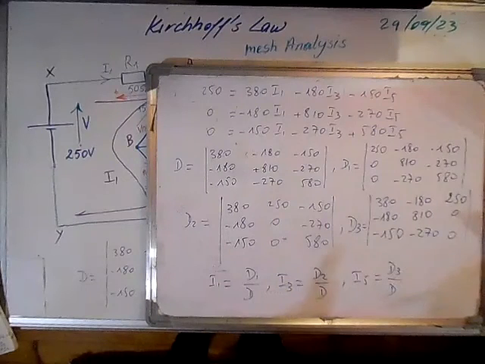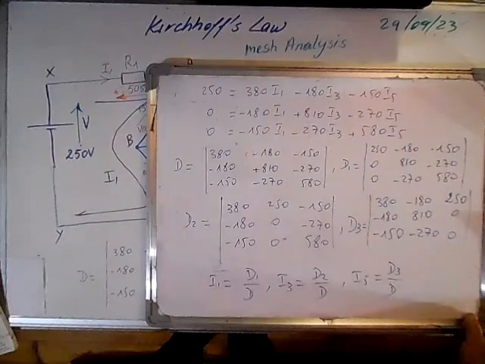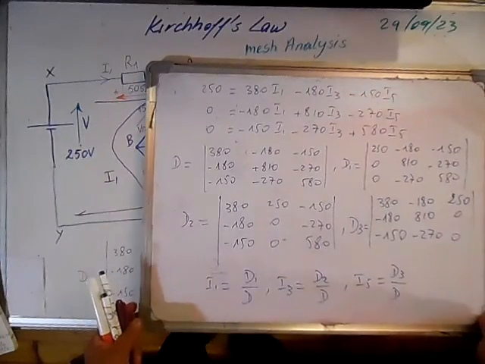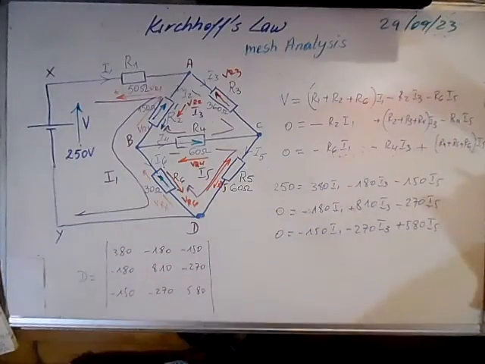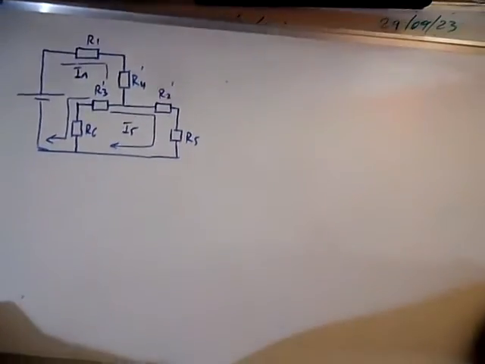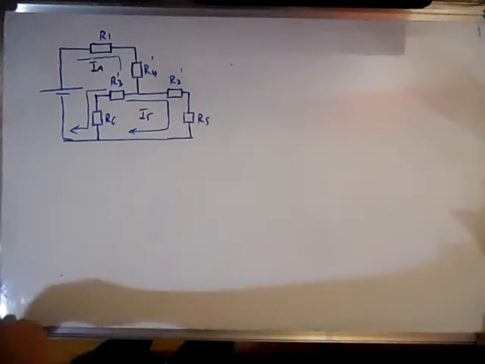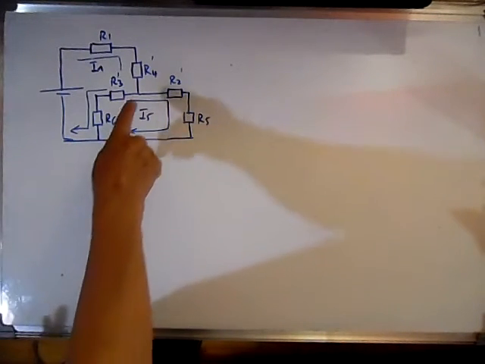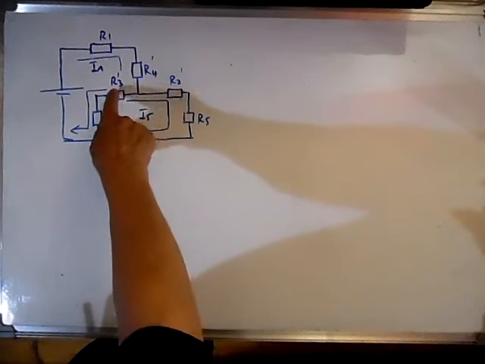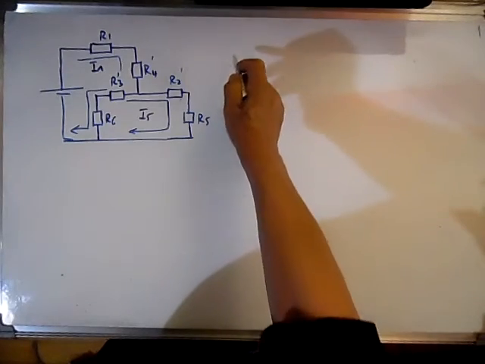So we can calculate this way, but we can simplify because we made a delta-star transformation, so we can use that to write the equations differently, so that we will have two equations and two unknowns. We calculated previously the equivalent resistances R2 prime, R3 prime and R4 prime, so we can write the new equations.